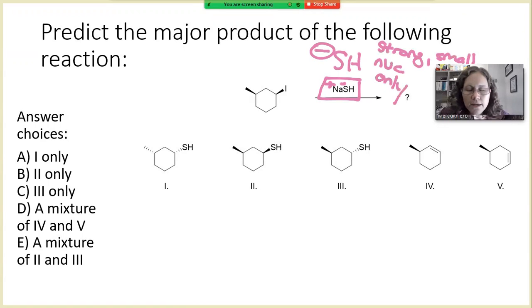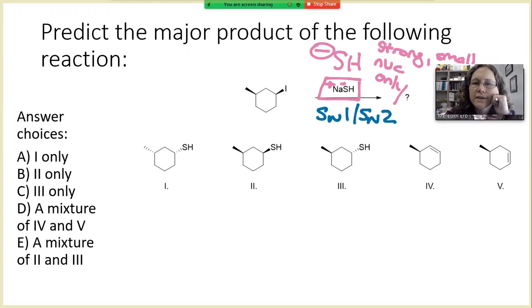This is because their conjugate acids are stronger acids than certain other molecules that are considered bases as well. So thiolate is a nucleophile only, and it's a very weak base. If you have a reagent that's a nucleophile only, we can narrow our reaction mechanism down straight away and know that it's going to be a substitution process, SN2 or SN1.